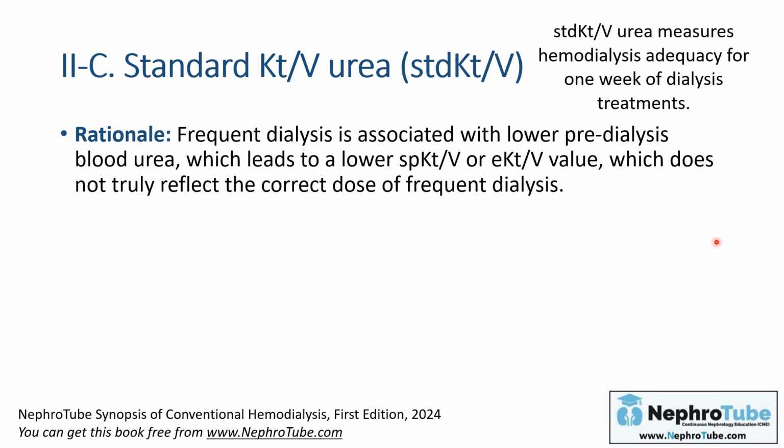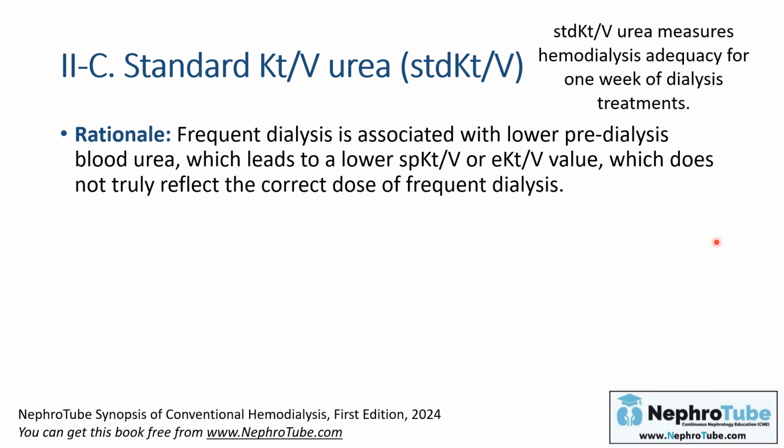The idea here, why do we need to calculate the hemodialysis dose for the whole week? This is because nowadays it is popular in some areas to have what is called frequent dialysis. The patient may be dialyzed more than 3 times per week.